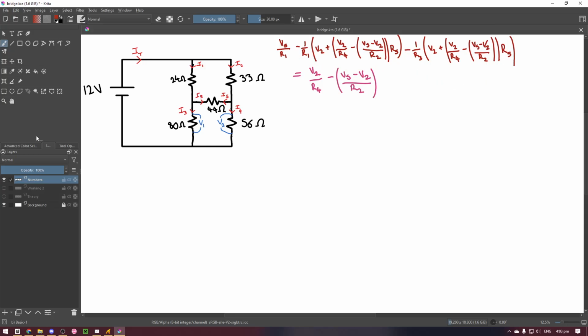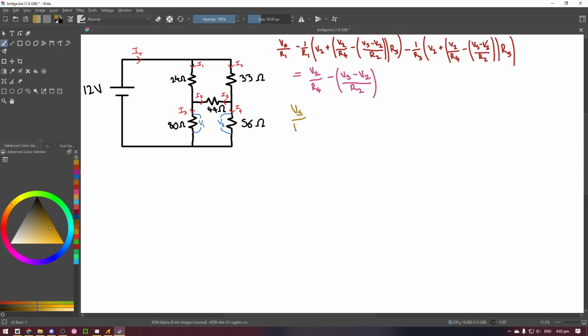This can be written as the source over R1 plus minus 1 over R1 minus 1 over R3, which are these two. And then this set of brackets, which is V2 plus V2 over R4 minus Vs minus V2 over R2, R5 close bracket. That then equals this.